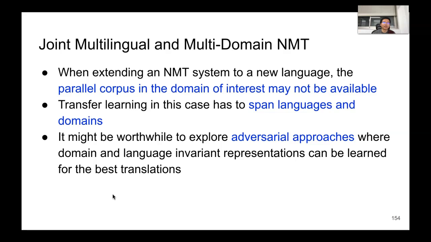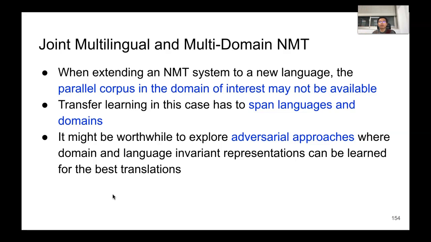And the third one, which we think is interesting, is joint multilingual and multi-domain MLMT. You know, not just languages. We have several thousands of languages, and many of them are low resource. That's true. But even for each language or each language pair, we can still have tens of domains or more that you are interested in, right?